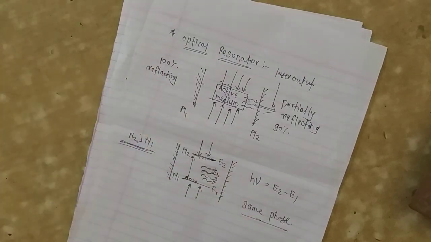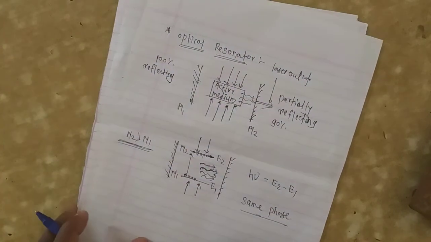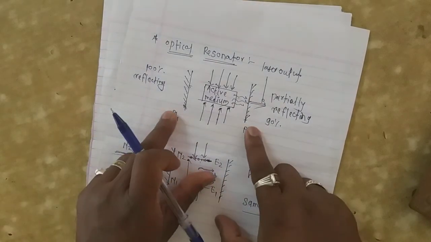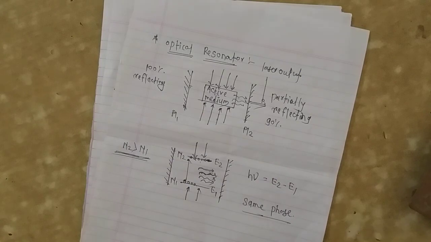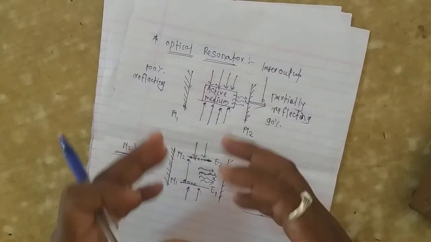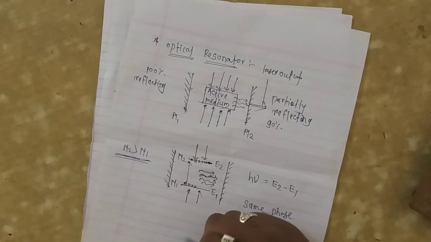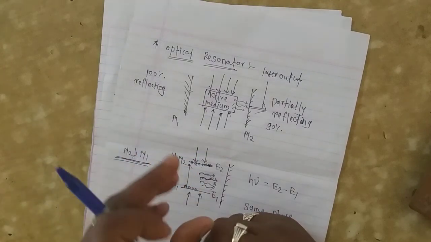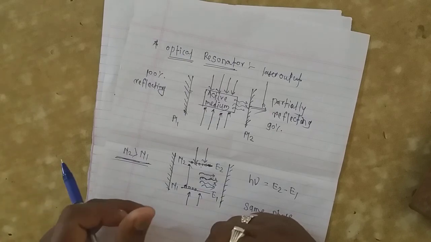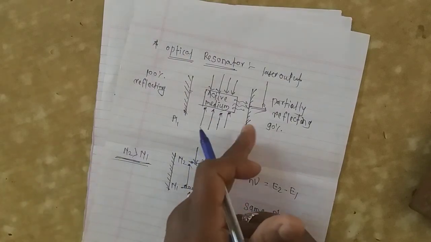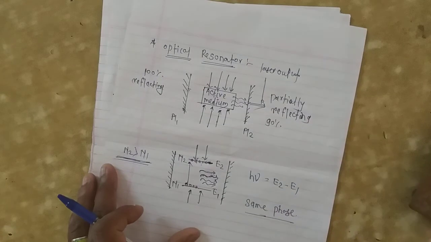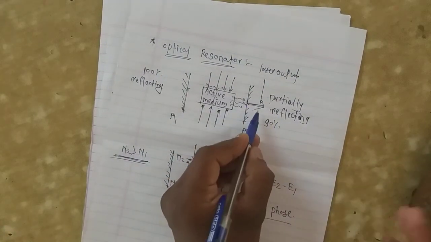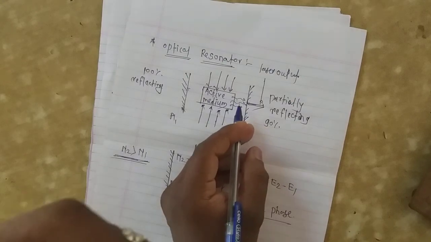This is the function of the optical resonator. Because of the two mirrors, there is multiple reflection, increasing the multiple reflection. That's why the light will be amplified. But at mirror M2, 10% is transmitted.